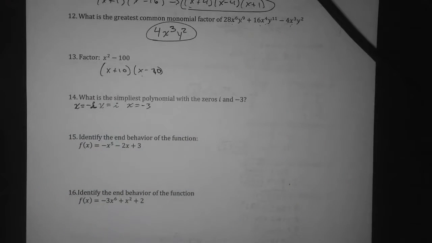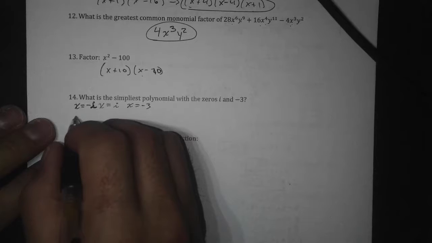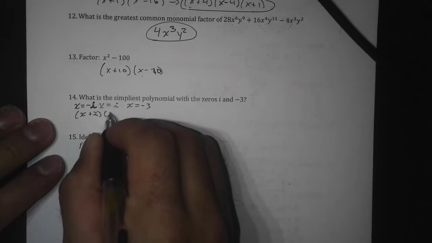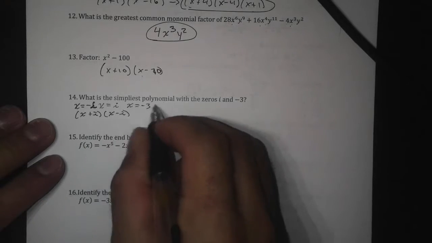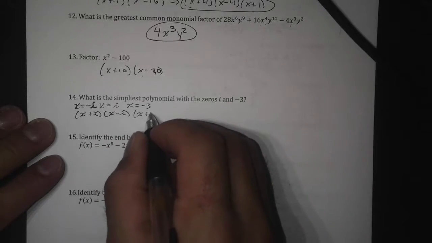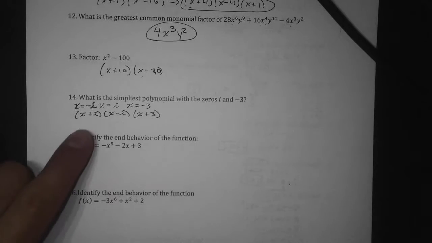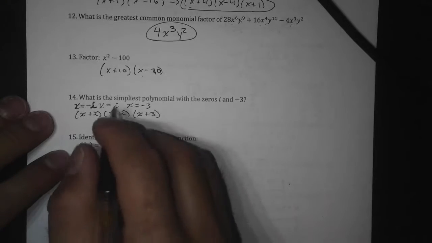Now, we want to undo all of this. Bring this over. Here we're going to have x plus i. This will be x minus i. This will be x plus 3. Pretty simple. So what we have to do next is distribute through. Always distribute the conjugates first. This is going to give me x squared.